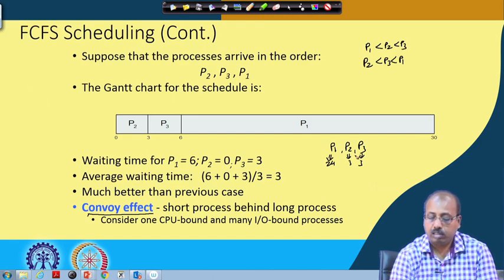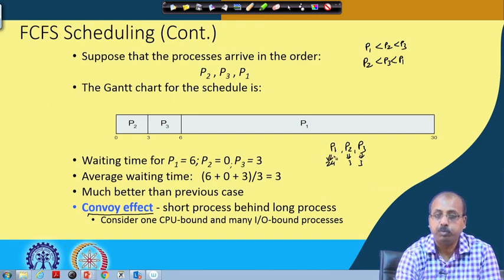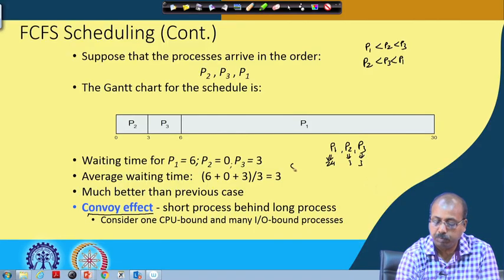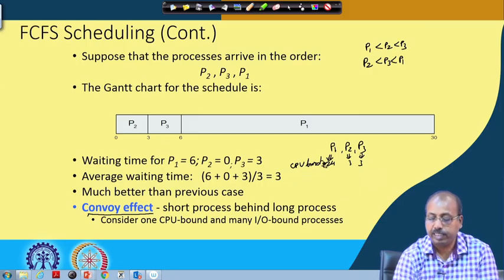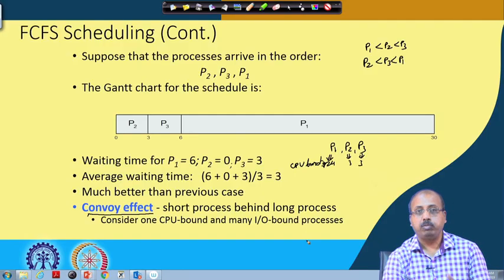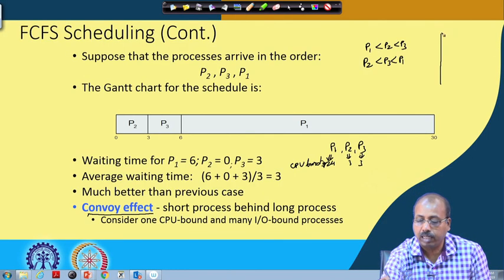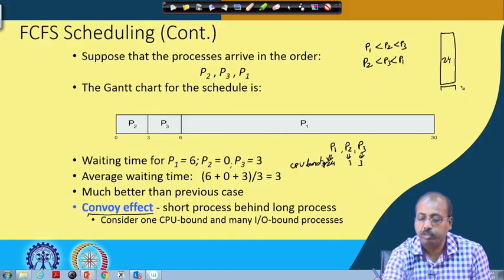Now, suppose P1 happens to be a compute bound job. These are the CPU burst sizes for the jobs P1, P2, P3. From the nature you can understand that once P1 gets time for execution, it executes for a long time, 24 time units, and then it goes for some IO operation.